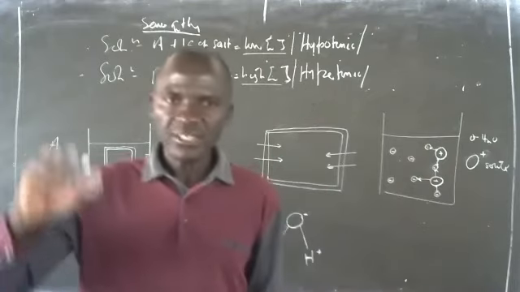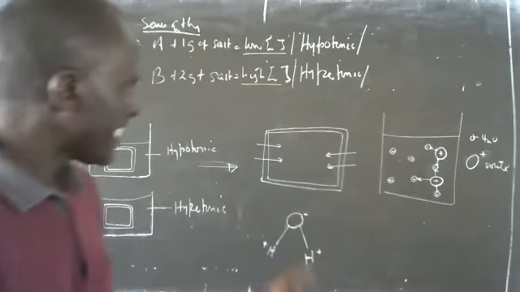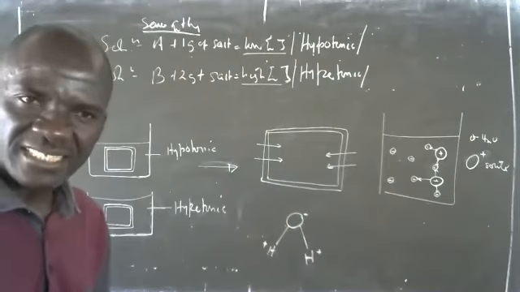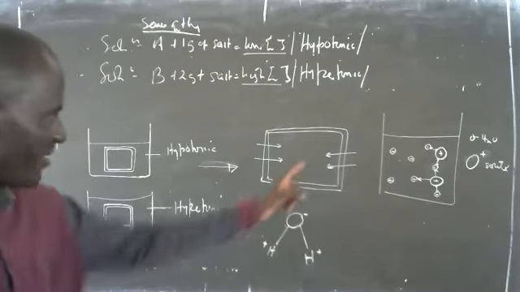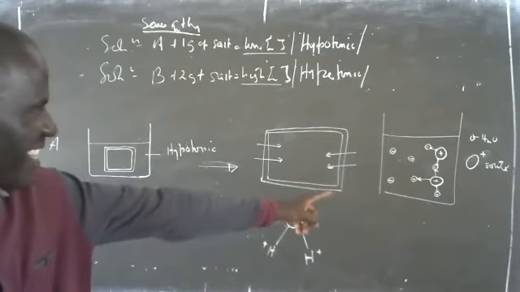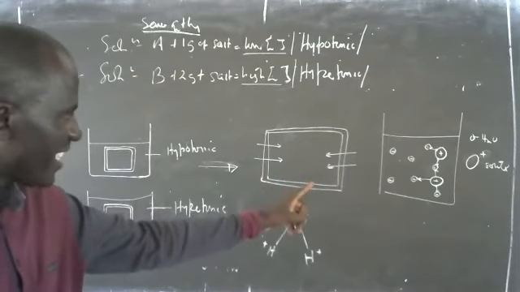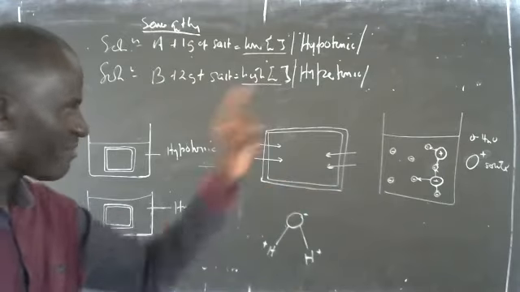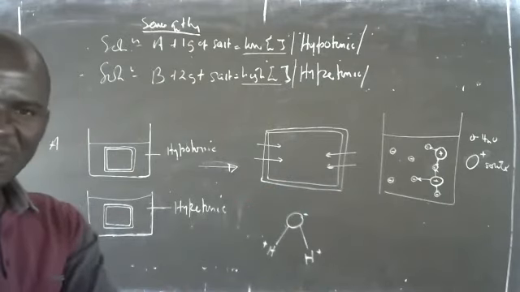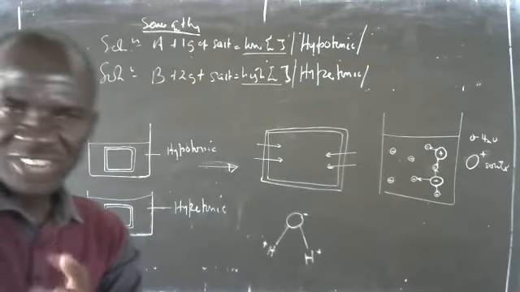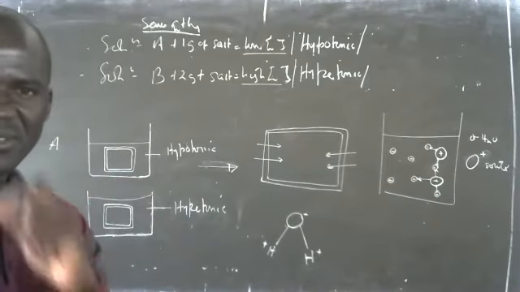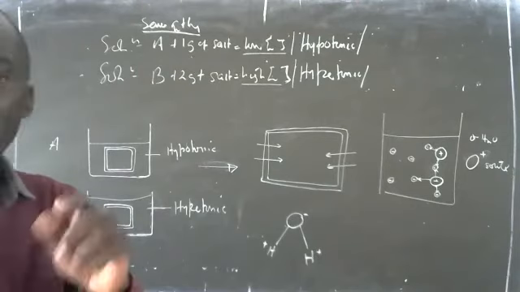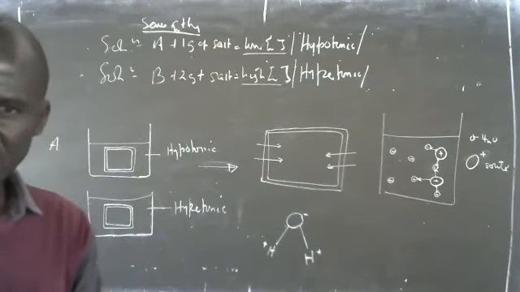But when I dropped in 2 solutes, some molecules get attached to nearby solutes. If I use this model here, how many molecules are now attached? 1, 2, 3, 4. The 4 water molecules will get attracted by the solute. That means their mobility will be impaired, will be reduced.